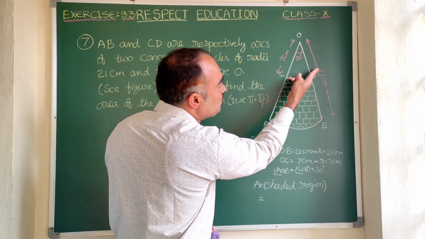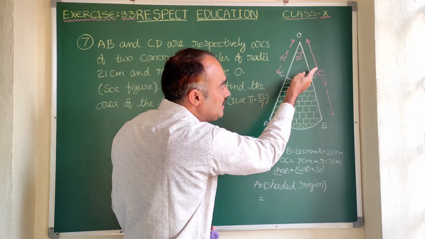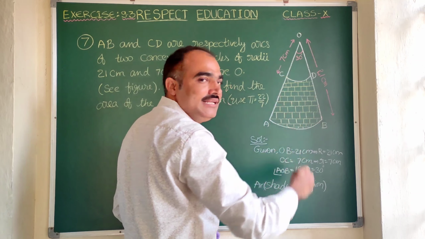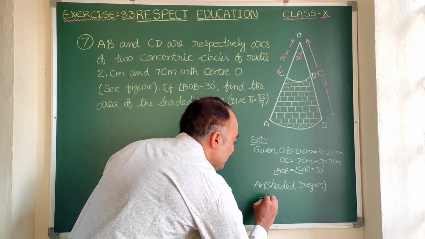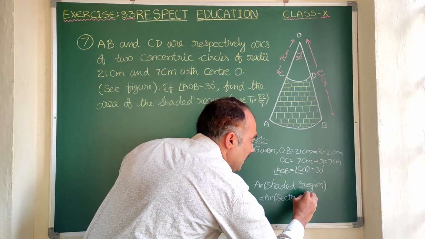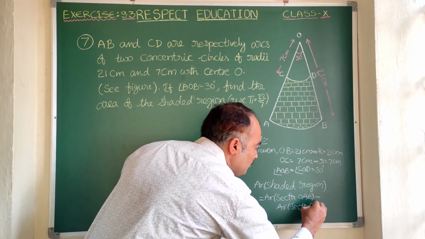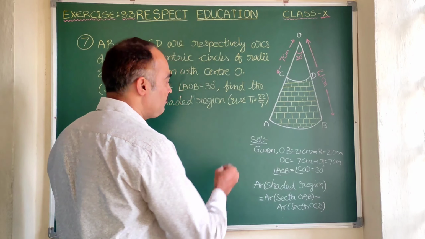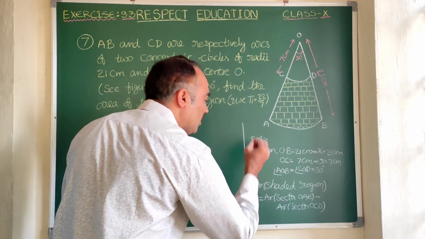Clear? Here OAB is the sector of the bigger circle, OCD is the sector of the smaller circle. To get the area of the shaded region, we can write area of the sector OAB minus area of the sector OCD, the remaining portion is only the shaded region. Let us mention the same. Now let us write the suitable formulas, then we are going to substitute the values.